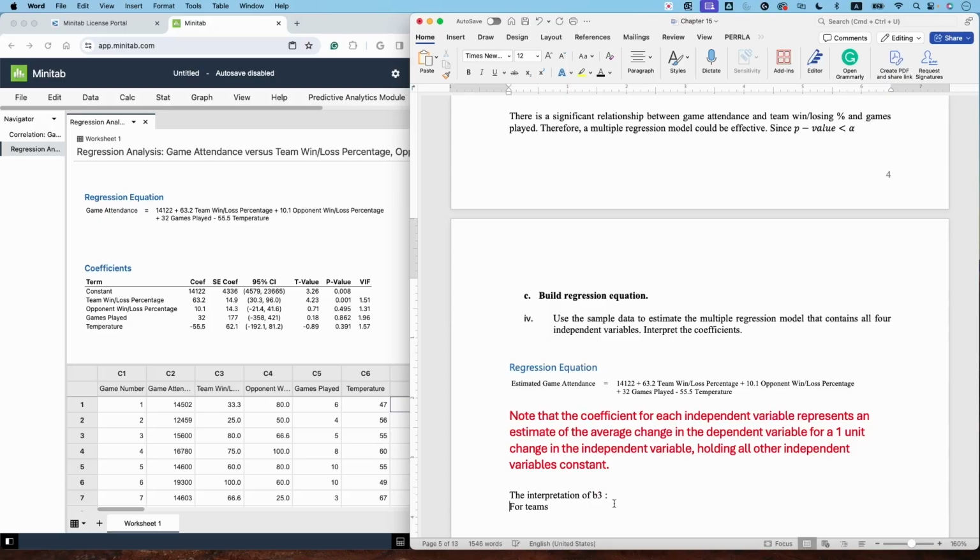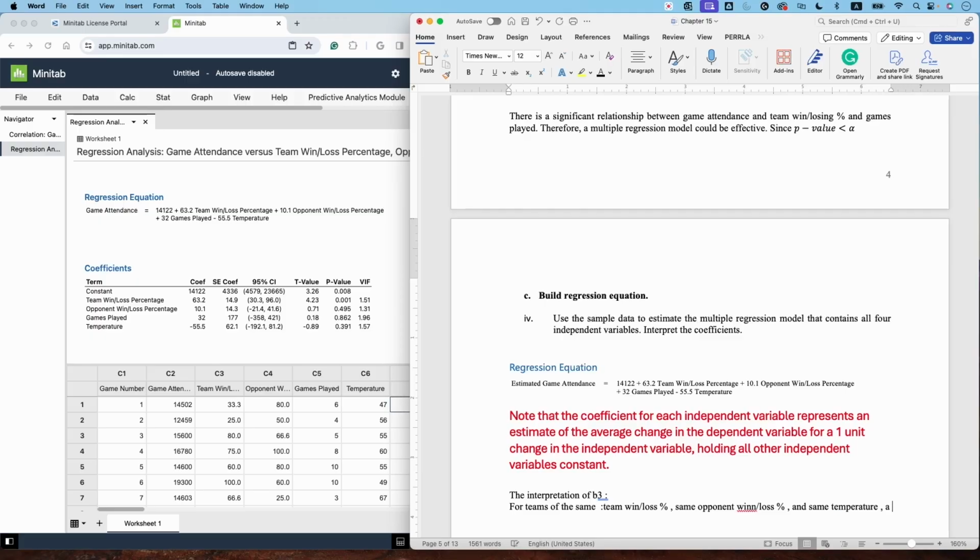So for teams with the same team winning or win-loss percentage, same opponent win-loss percentage, and same temperature, we're keeping all of these constant.